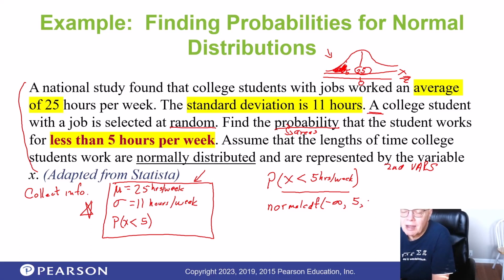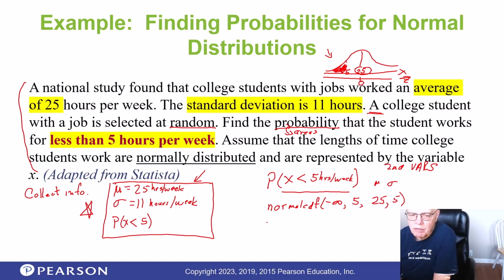Now this time, we're not talking about the standard normal. We're talking about a regular normal distribution. So we need to tell what the mean and the standard deviation are. So for this particular normal distribution, we've got a mean of 25 and a standard deviation of 5. Now, how am I going to put it in?